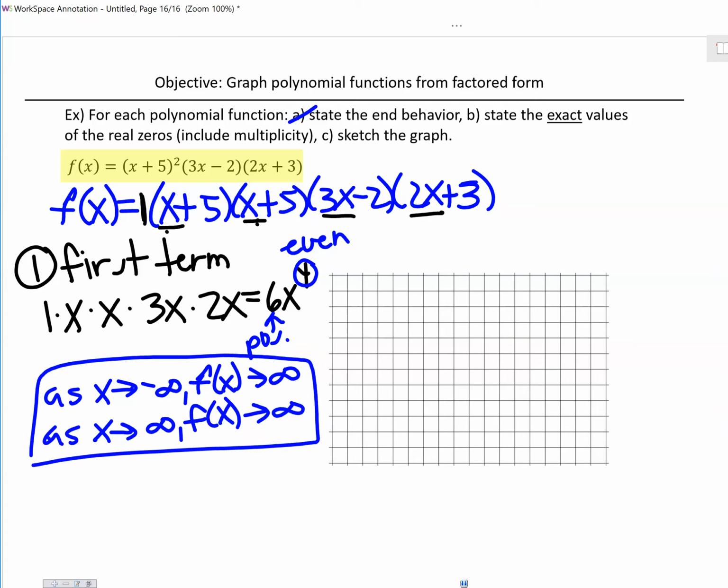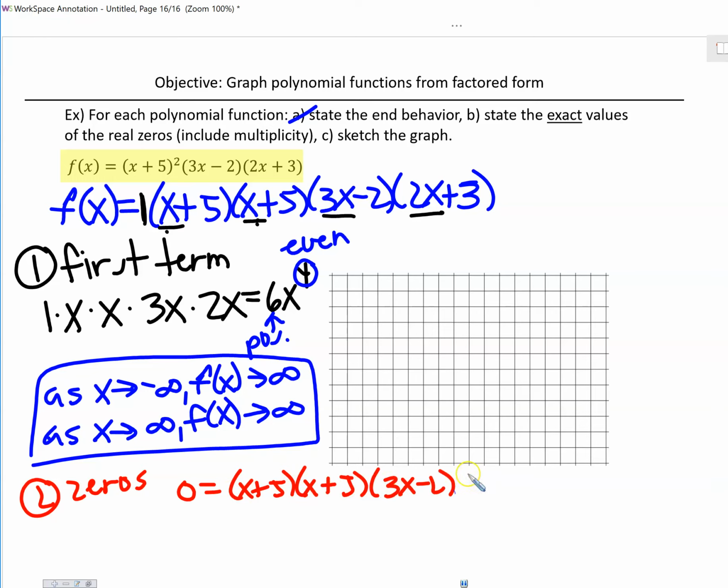Second part, we want our zeros. So what we have here is 4 factors because that x plus 5 was squared. So for our zeros, we know that y, which is our f of x, would be 0. So we get 0 equals x plus 5 times the second x plus 5 times 3x minus 2 times 2x plus 3.